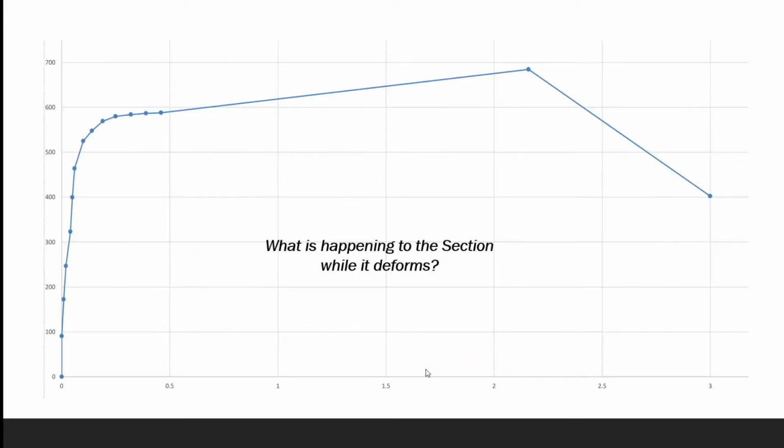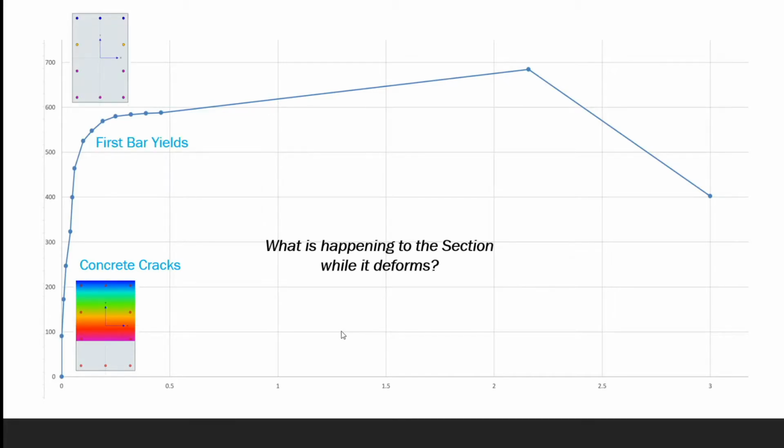The other thing that we can see from the moment curvature curve, which is also equally important, is to understand what is happening to the cross section as it deforms. First of all, after a small application of loading or moment, the concrete will crack and we will have a cracked cross section. As we proceed further, the bars will start to yield, as we can see from here, and then the concrete will crush.